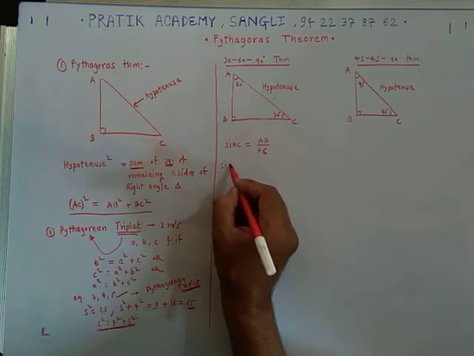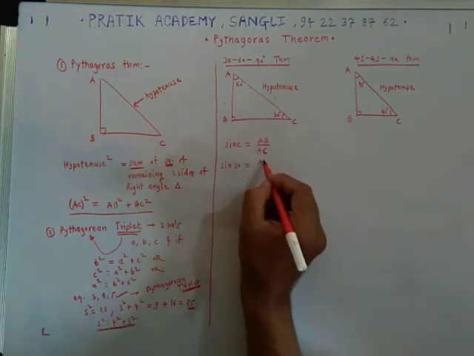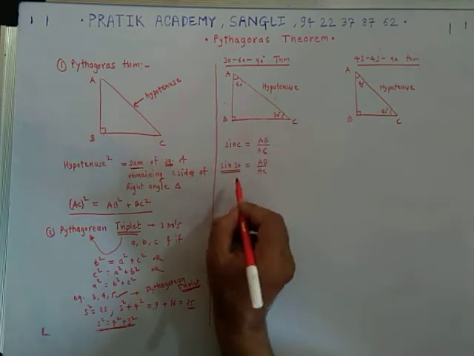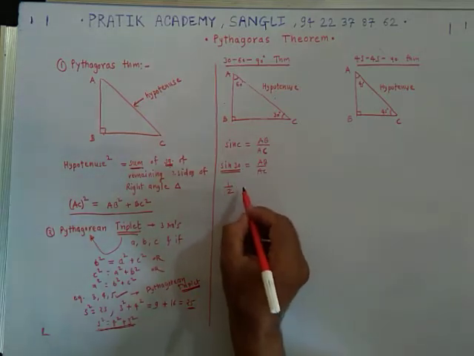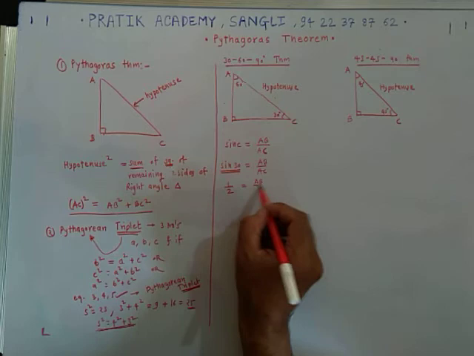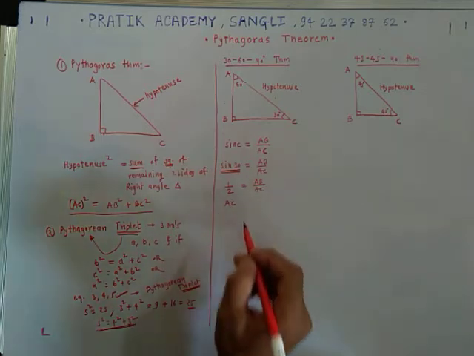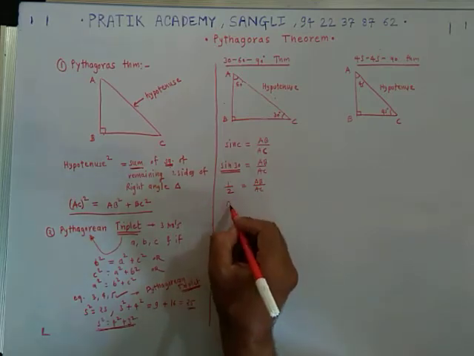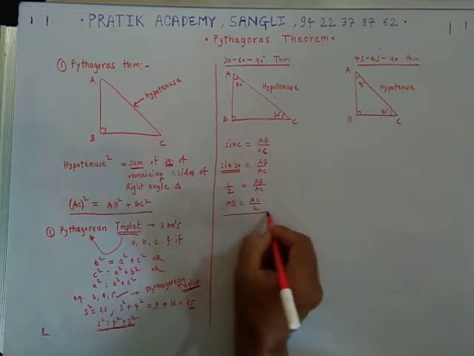But here the value of angle C is 30, so sine 30 is AB upon AC. But what is sine 30? Sine 30 is half. This is a standard value. So if you take AB, then AB is AC upon 2.